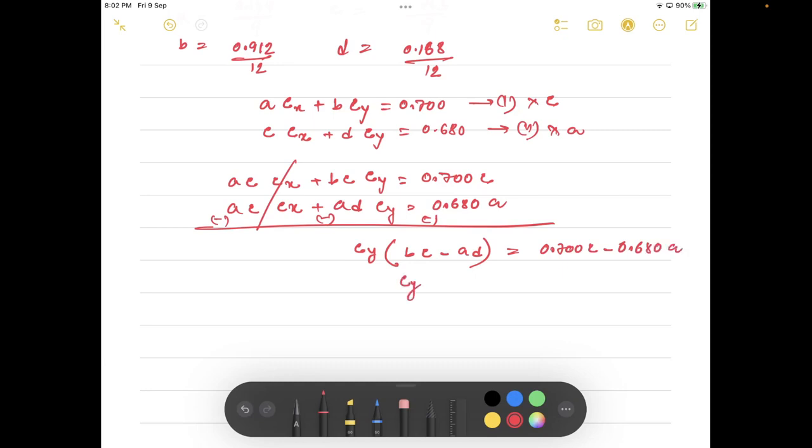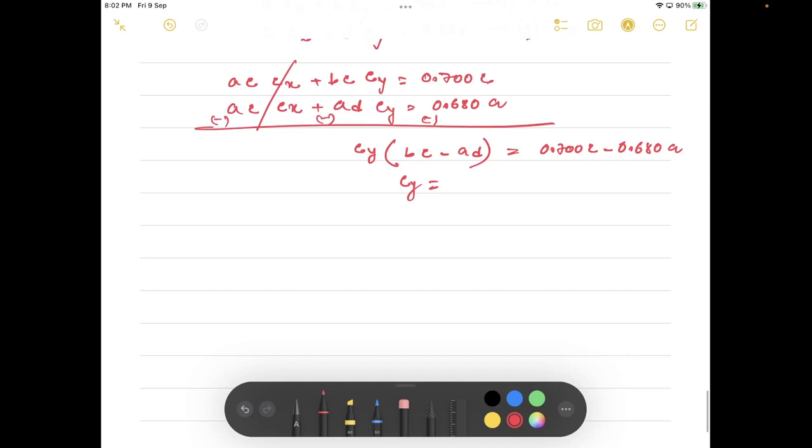So Cy will be (0.700 C minus 0.680 A) divided by (BC minus AD). We know all the values A, B, C, D, so we can get the value of Cy, the concentration of Y in the mixture.